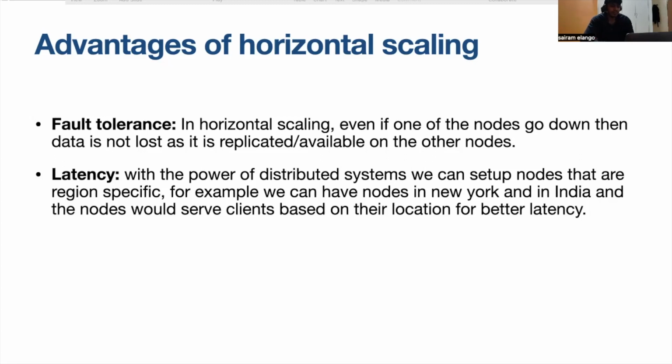You can even set up region-specific nodes. For example, you can have a node in the US, a node in Europe, and a node in India, and you could serve your end users or clients based on their location for better latency and more efficient processing.